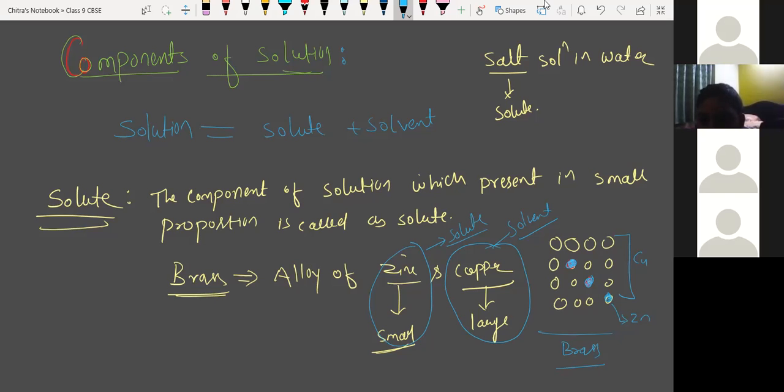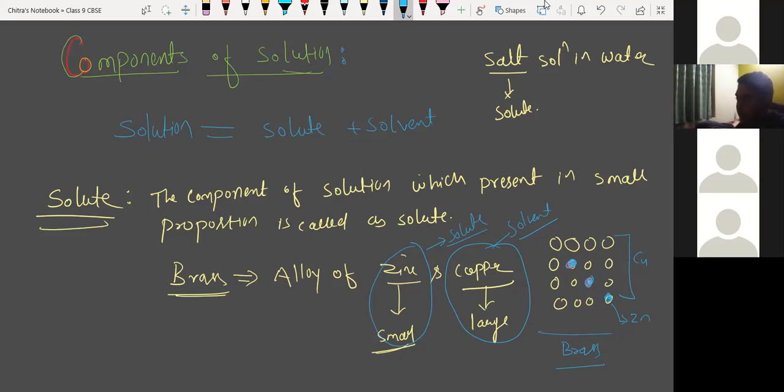So a few places of copper get replaced by zinc. That's why it is called brass.